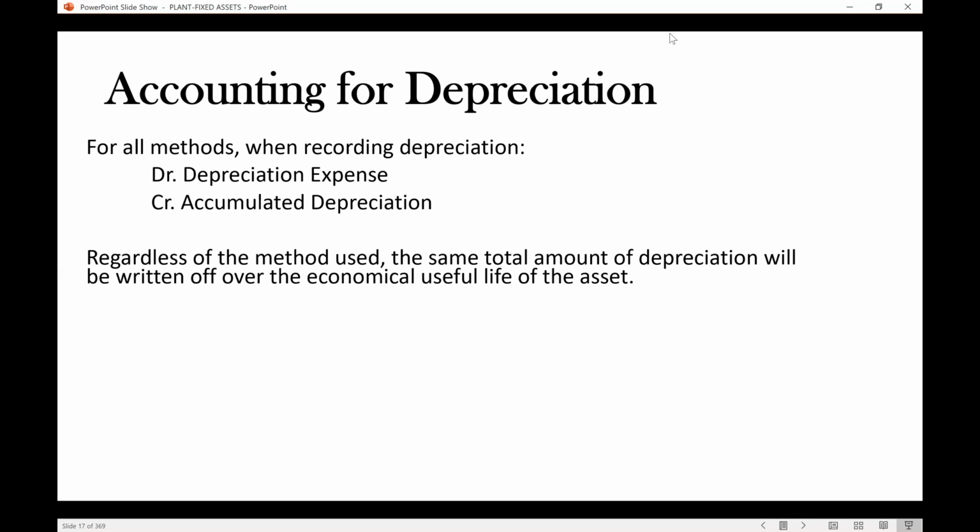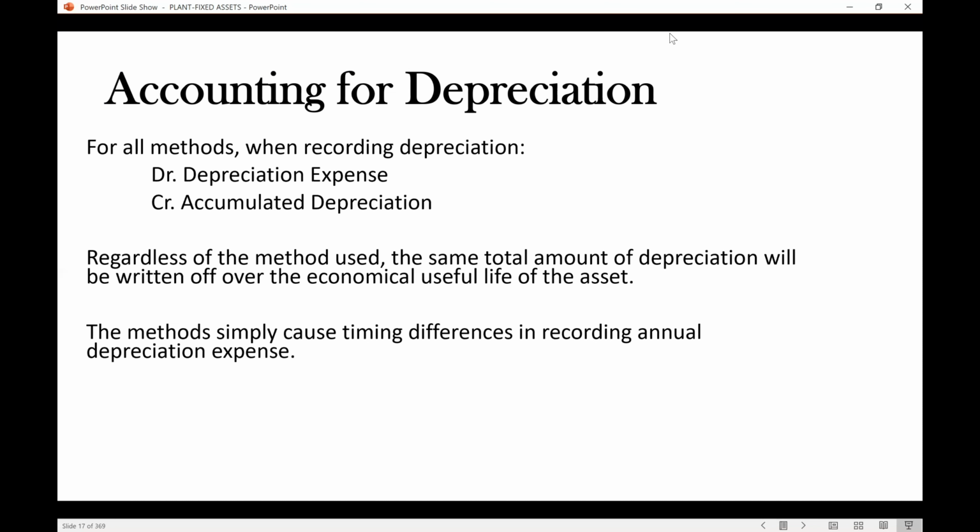On a year-to-year basis, it will be different. It should be different. However, at the end of the useful life of the asset, the same total amount of depreciation should have been written off regardless of the method used.